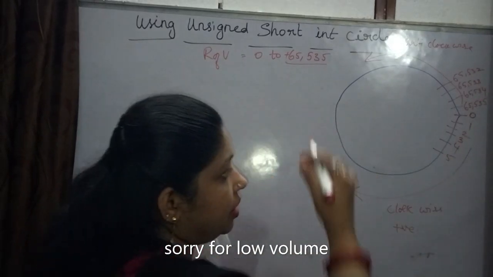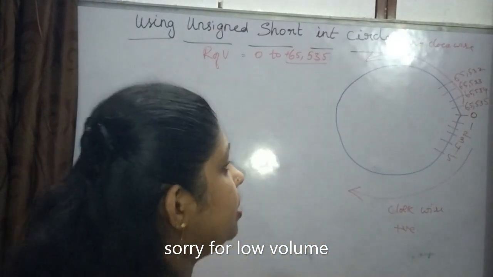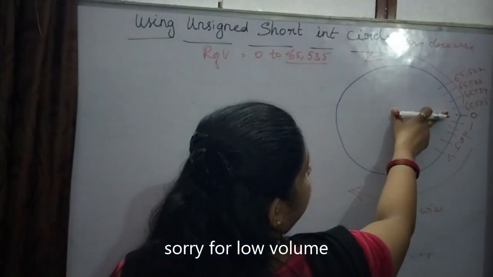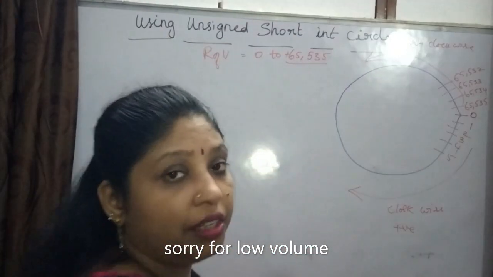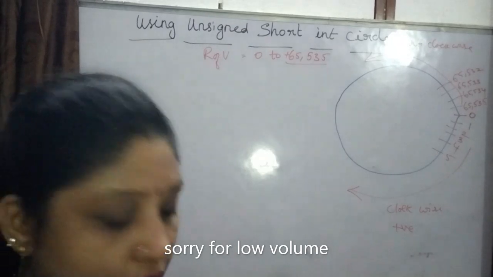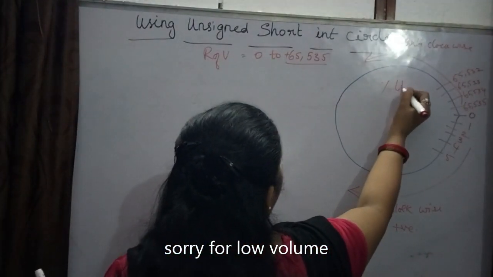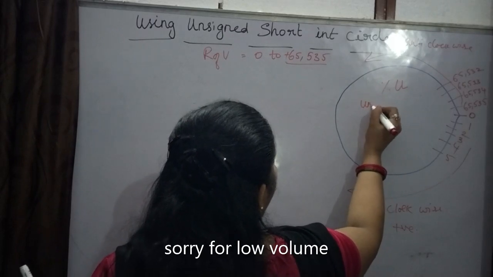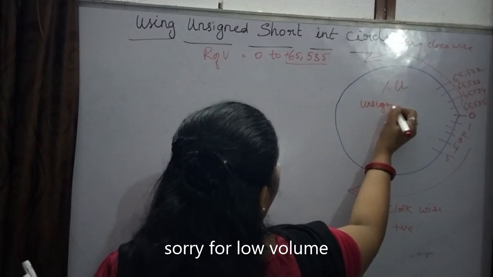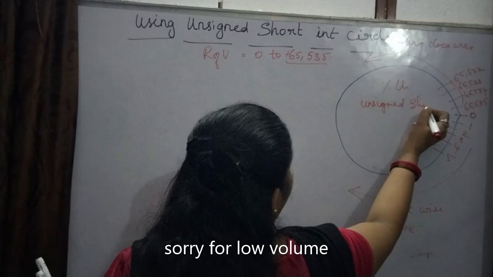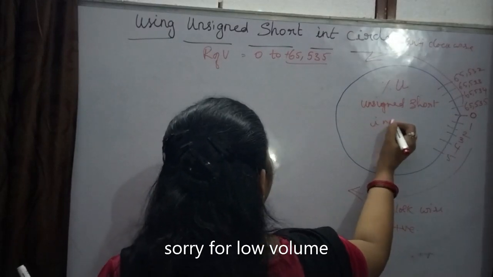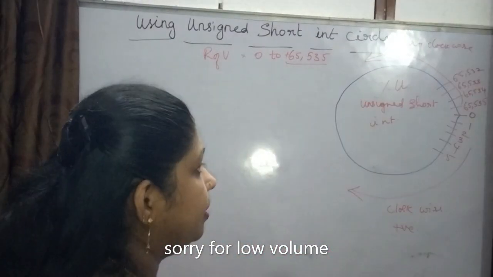So like this it goes, from 1 till 65,535; these numbers are there on the circle. Now what is this? This is %u, the unsigned short int data type.